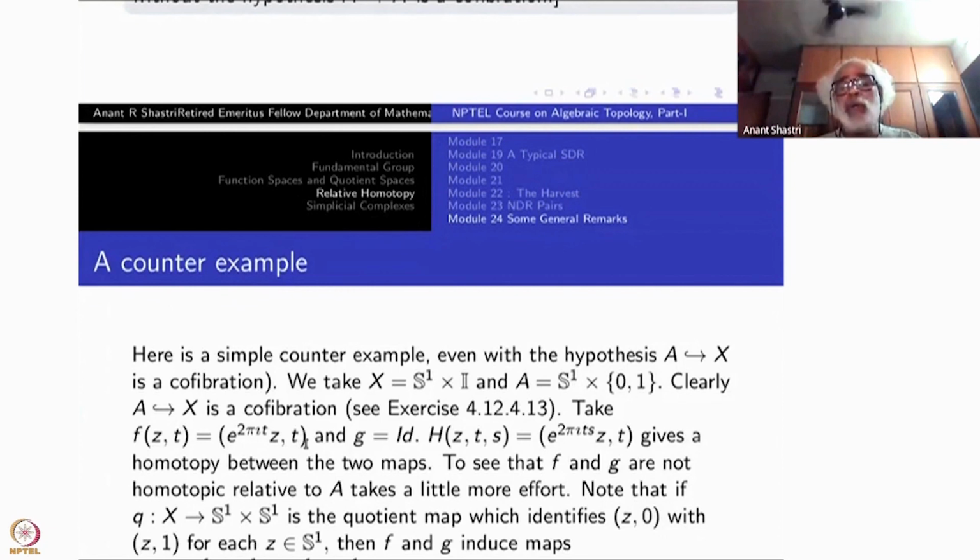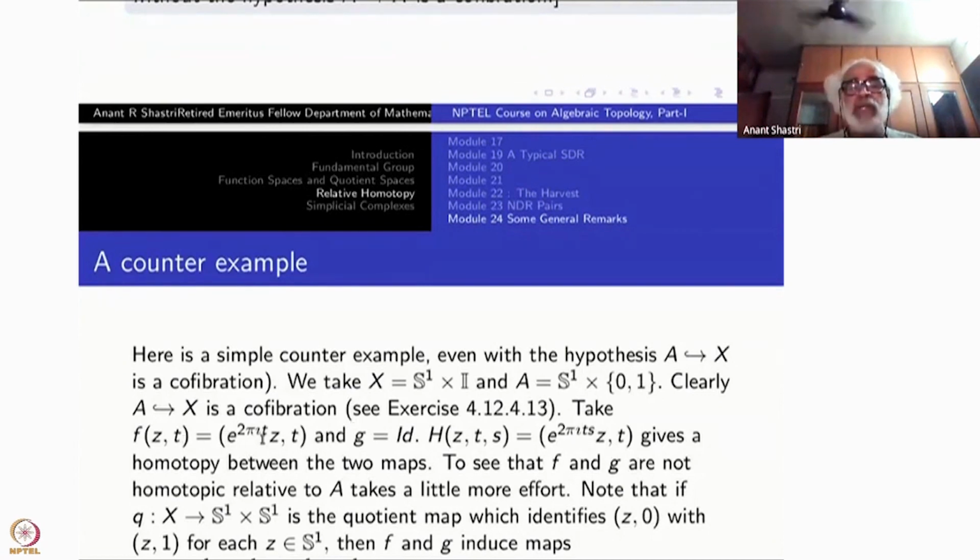At t equal to 0, e power 2 pi i t is 1, so this is z. No rotation. At t equal to 1, what will happen to this one? It would have been rotated through 2 pi i, right, through 2 pi, so it comes back to z. So this map at t equal to 0 and t equal to 1 is the identity map.